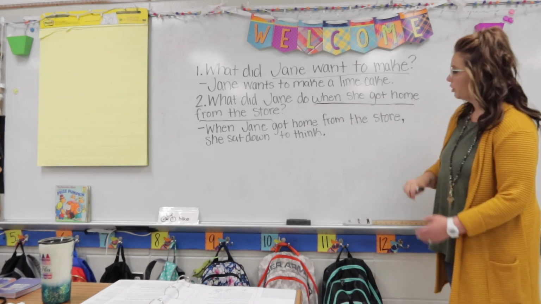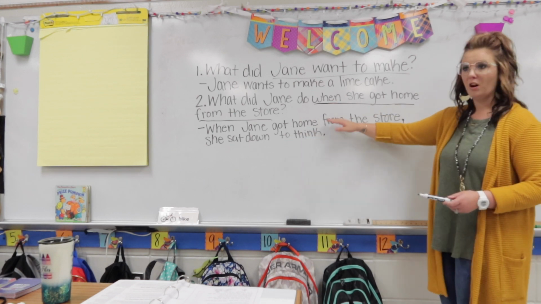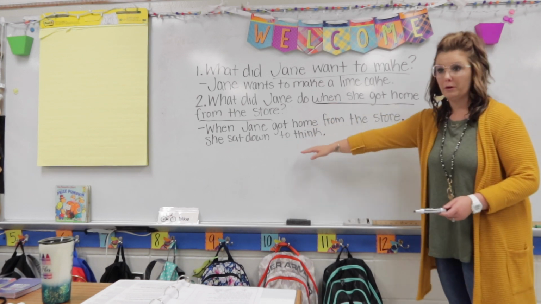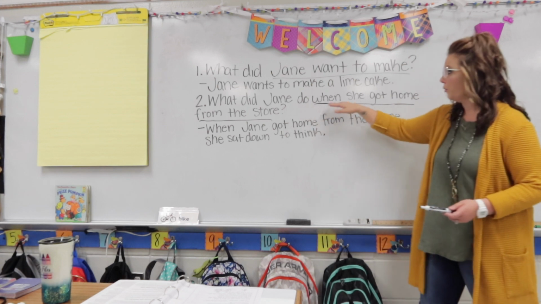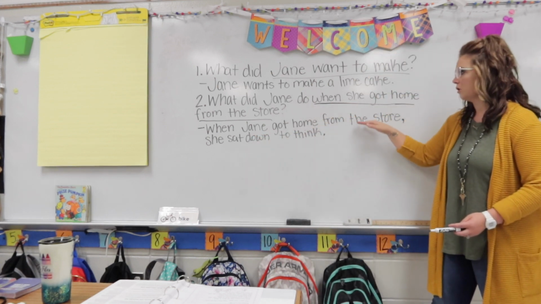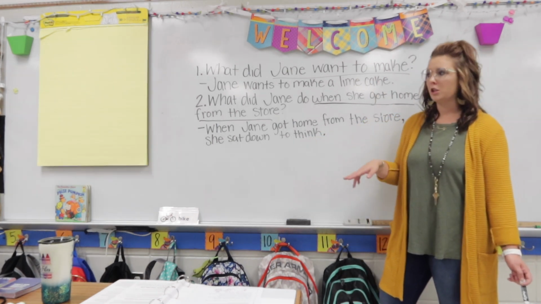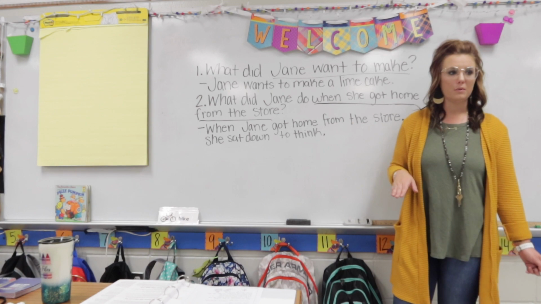What did Jane do when she got home from the store? When Jane got home from the store, you see how I reworded the question? When Jane got home from the store, she sat down to think. You need to give extra details when you're answering these types of questions.